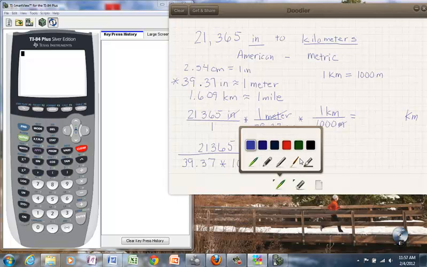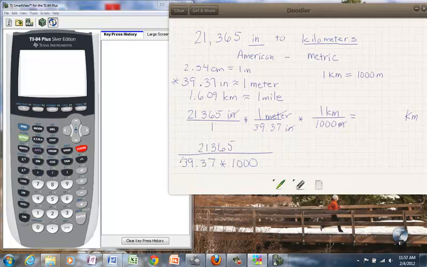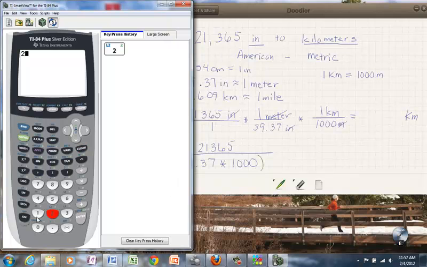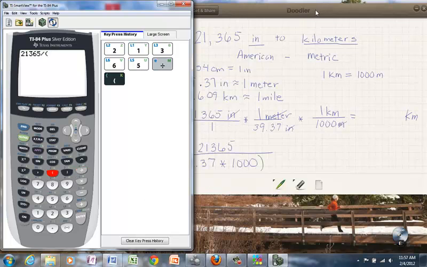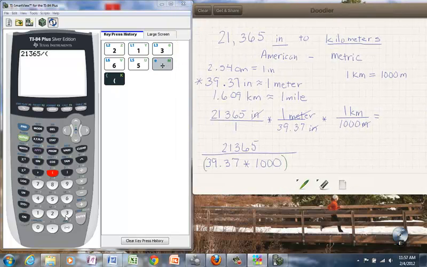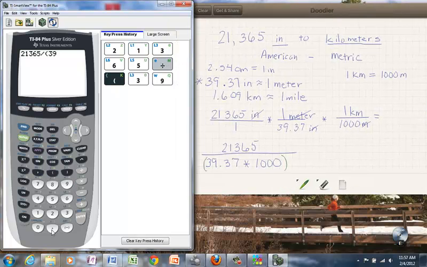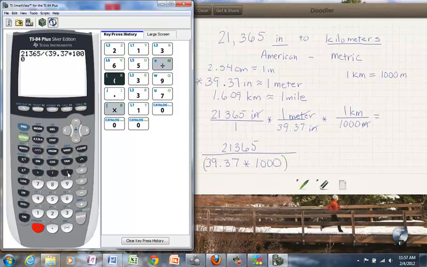And before I go to our calculator, I want to think about the fact that I need to group the top, and the bottom needs to be grouped for this fraction. Move this over so I can see it. There's my answer, and it needs some rounding.